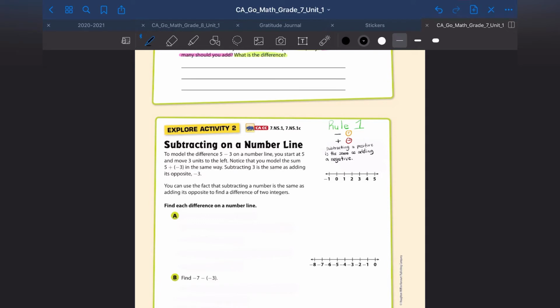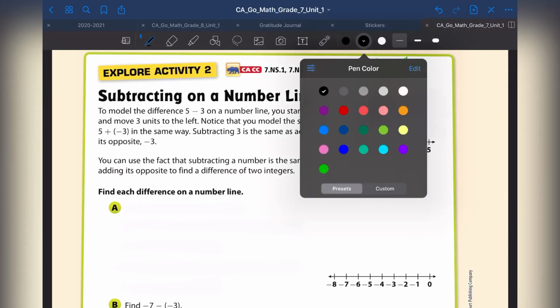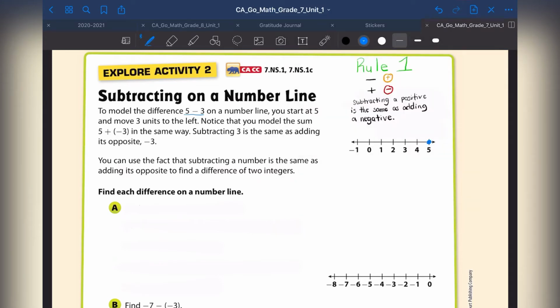Alright, so now that we have the rule, I know right now it doesn't make a lot of sense, but I will explain it a little bit better. Okay, now, subtracting on a number line. So you already know how to subtract on a number line. So 5 minus 3, you start at 5 and then you move 3 to the left. 1, 2, 3.